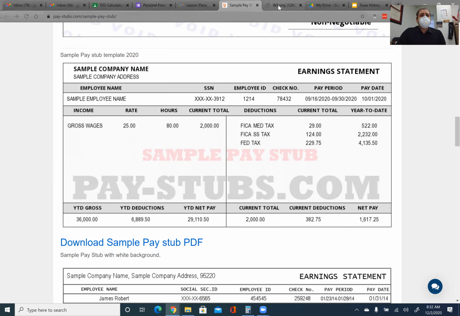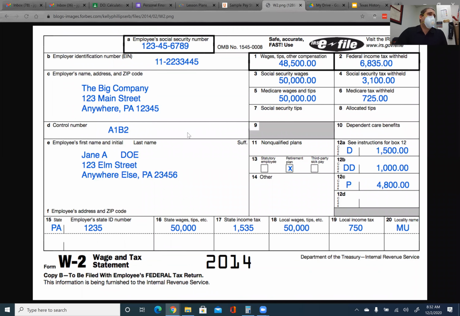So at the end of the year, typically, like we're in 2020 right now, around February or March of 2021, every person who has worked in the year 2020 will get a W-2 from their employer. If they had multiple employers, they'll get a W-2 from each employer. And that's going to total up everything they've done throughout that year, all of their income and all the taxes that they paid throughout the entire year.